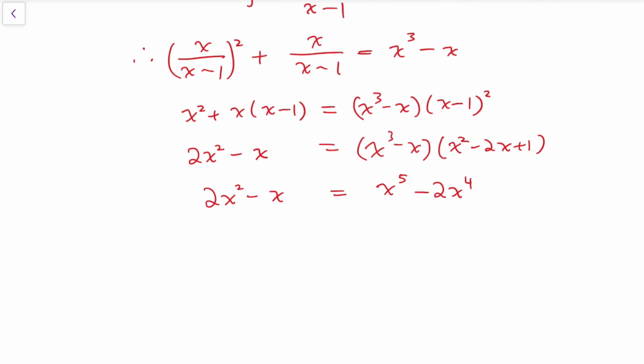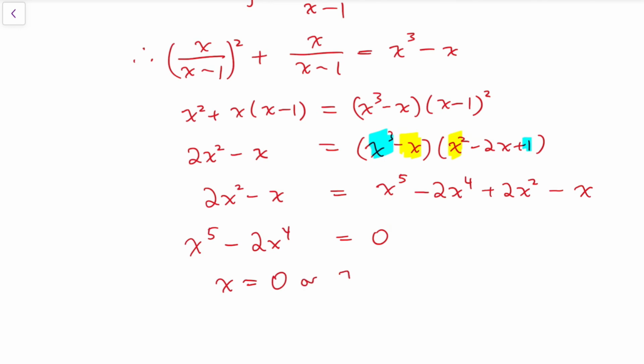For the x cubed, we have plus x cubed from plus 1 times x cubed and minus x times x squared, so they vanish. For the x squared term, we have plus 2x squared only. Finally, the term of the lowest degree is minus x. So simplifying, we have x to the power 5 minus 2x to the power 4 equals 0.